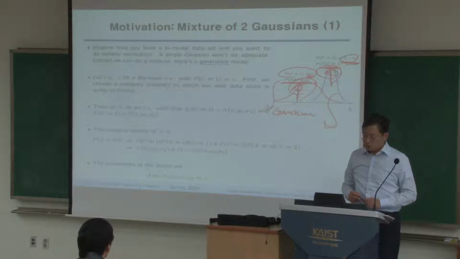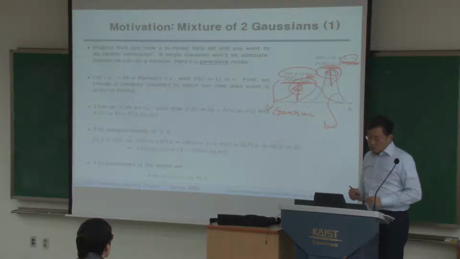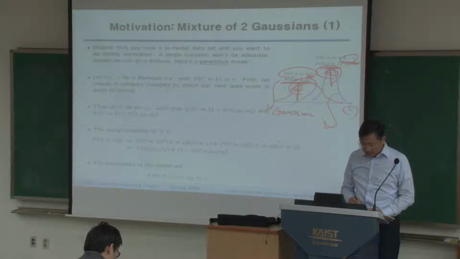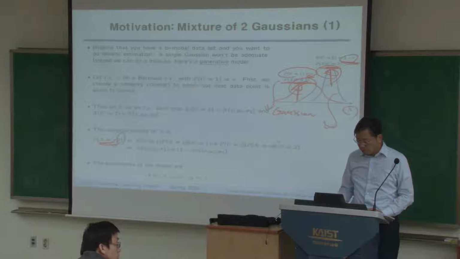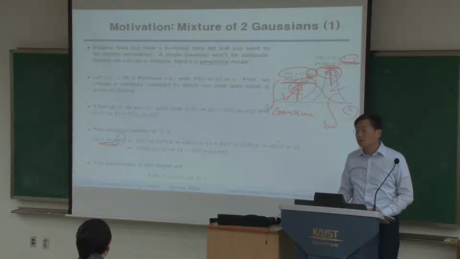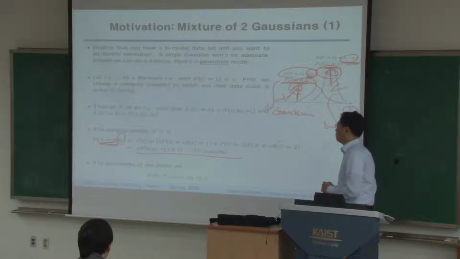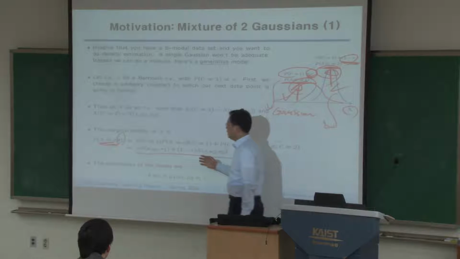Okay? So the probability of x, given all the parameters, pi and the mean and variance of the red one and the mean and variance of the blue one, the probability distribution can be written like this. Okay?